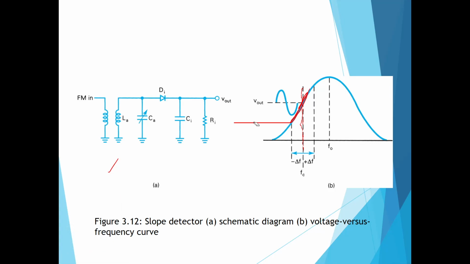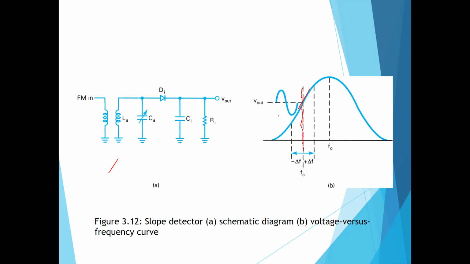Okay, so what is this curve actually? This is the frequency response curve of the circuit. Okay, so it is designed so that the tuning frequency must be at the center of the most steep curve here.